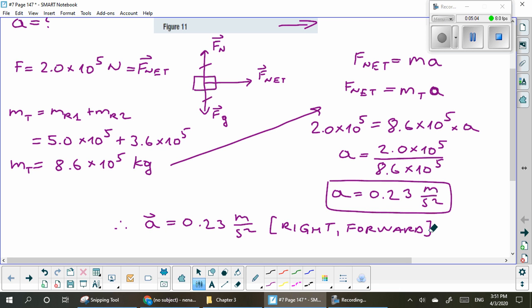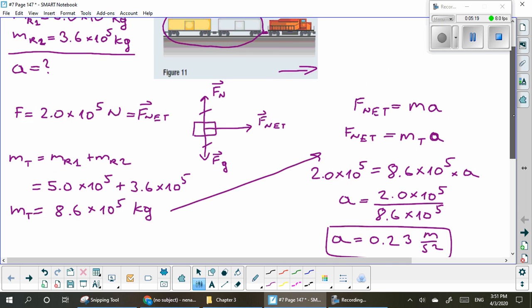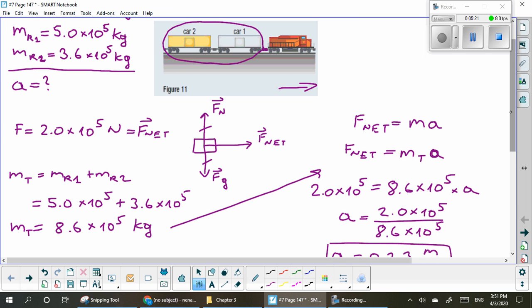So you can see that all of them are moving with the same acceleration. So the cars are going to be moving at 0.23, and the locomotive is moving at 0.23 meters per second squared. Based on our calculation, we exclude the locomotive because that is what's applying that force to the other cars, right?